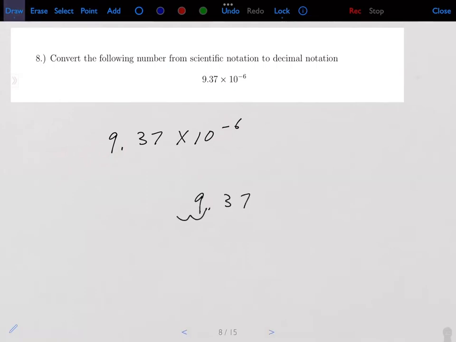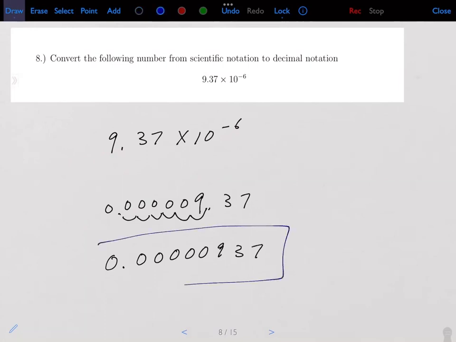Move it 1, 2, so I need a 0, right? 3, 4, 5, 6. So it'll be 0 point, and then I'm going to have 5 zeros, 937. So that would be the answer.